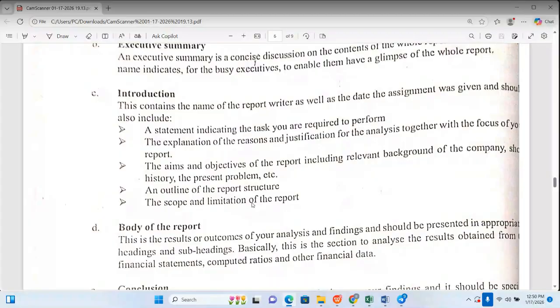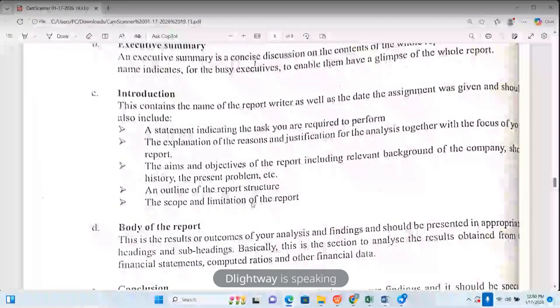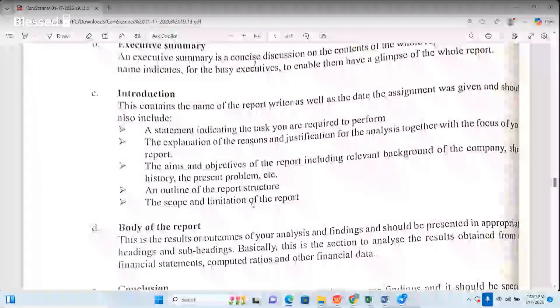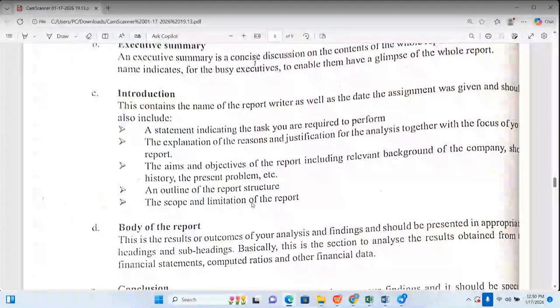Their current assets can pay their current liabilities four times. You will explain the reasons why that can be: maybe because their inventory is this, their cash is this, and the like. Make sure you tell them the reason why it is like that. Let's say in the profitability ratio, you calculate your net profit margin.